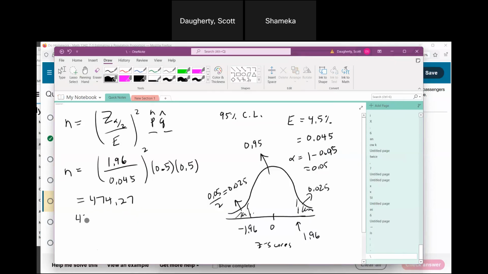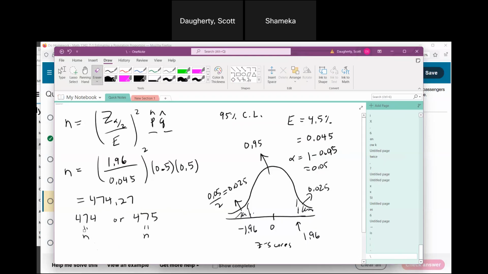So the question is, which one should we go with? You can't go in between these two numbers, right? You can survey 474 people, or you can survey 475 people, but you can't survey 474.27 people, right? This is a discrete number because it represents people. So the question is, which one do we go with?